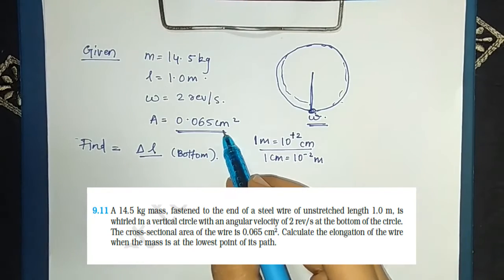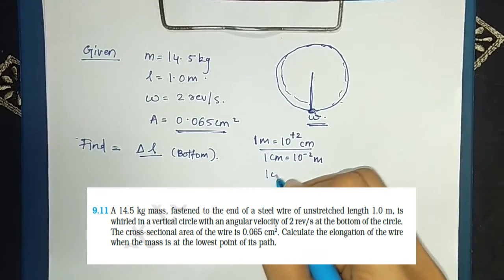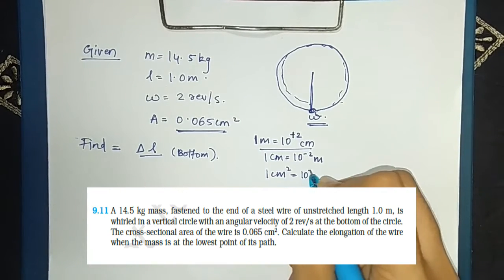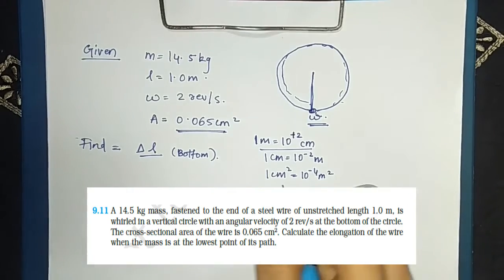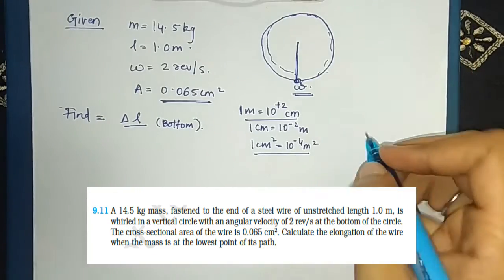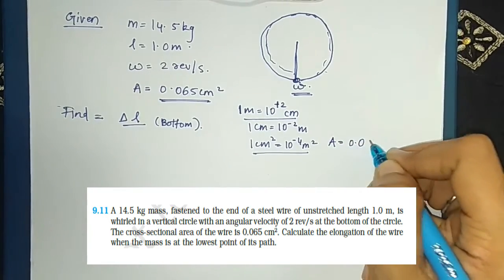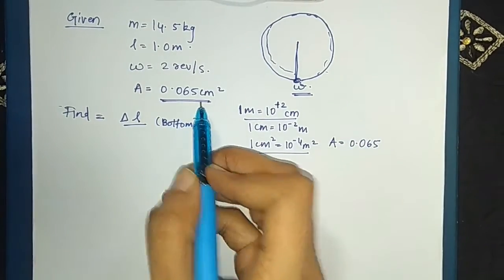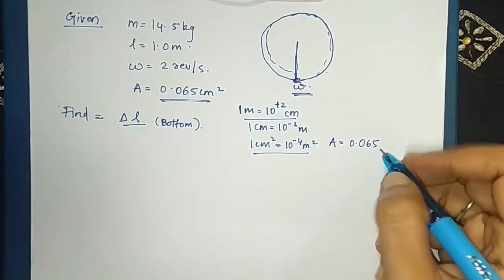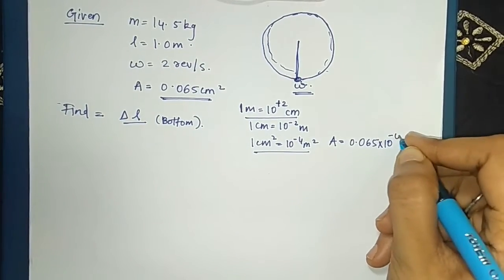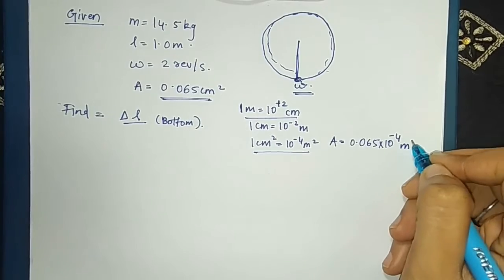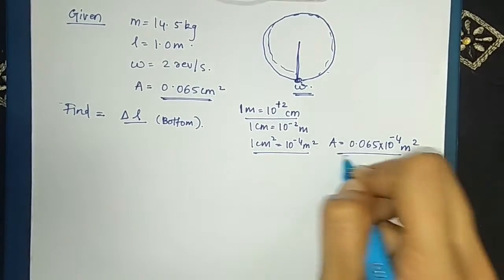Here it is centimeter square, so 1 centimeter square is 10 raised to minus 4 meter square. So the area in SI units will be 0.065, which was in centimeter square, multiplied by 10 raised to minus 4, which gives the area in meter square.